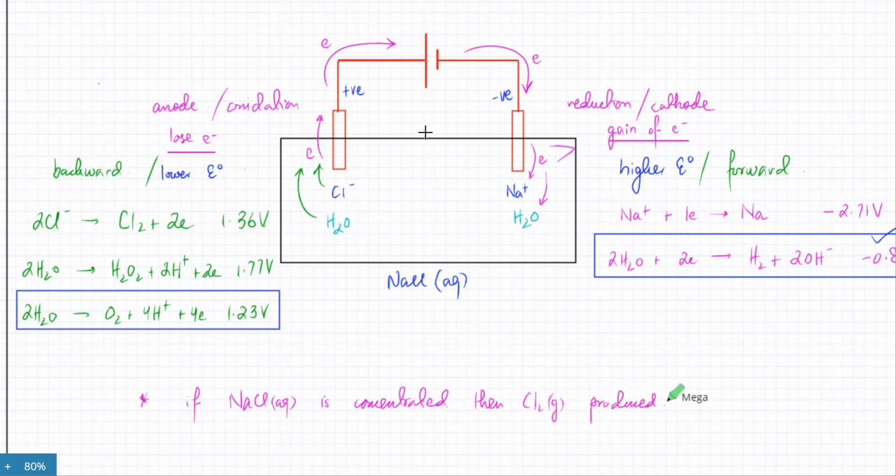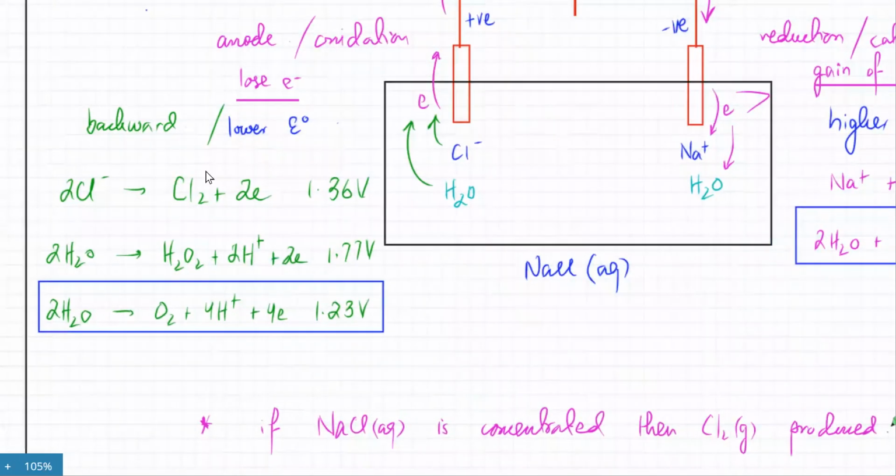This is something you had studied in your O-levels. So how do you link this with this one? Because clearly chlorine is not the lowest potential, and the lower potential is the one that's going to lose electrons.